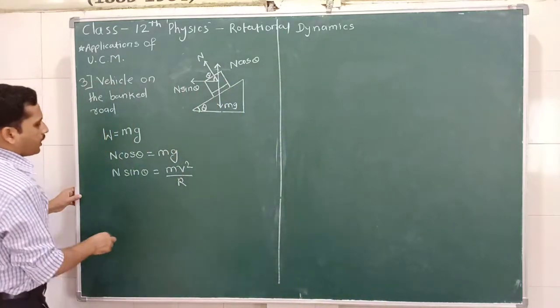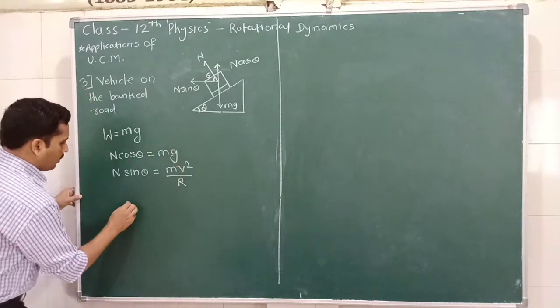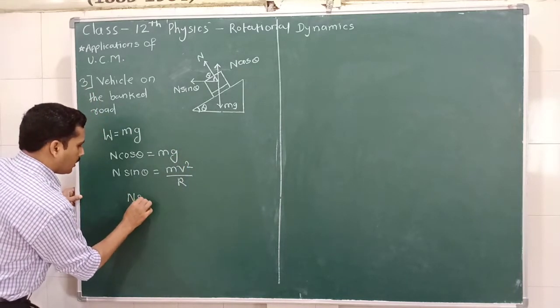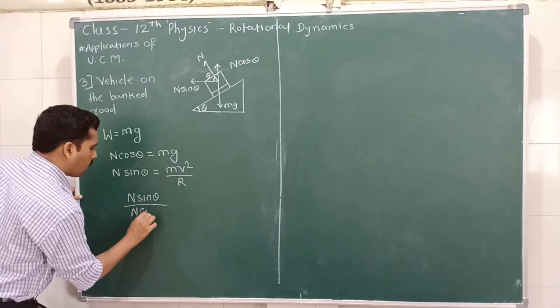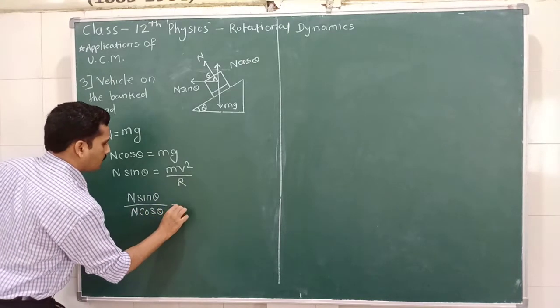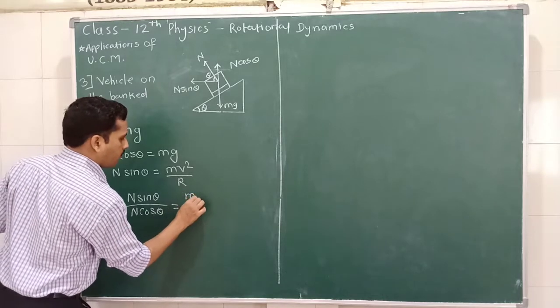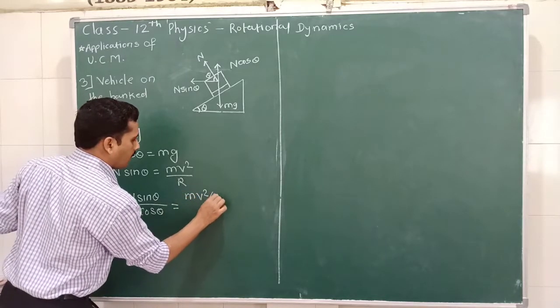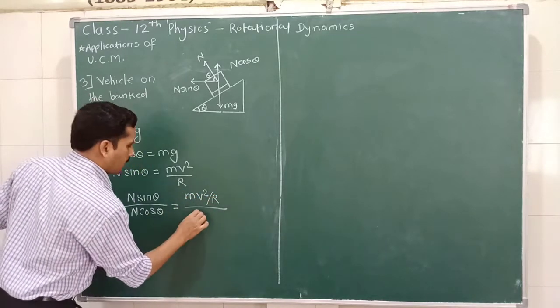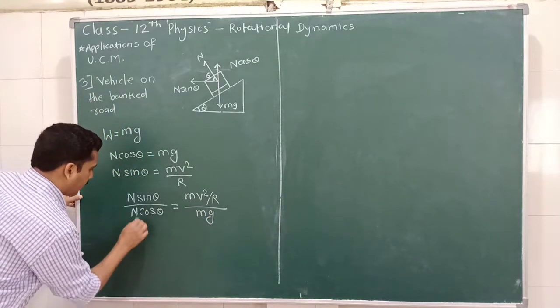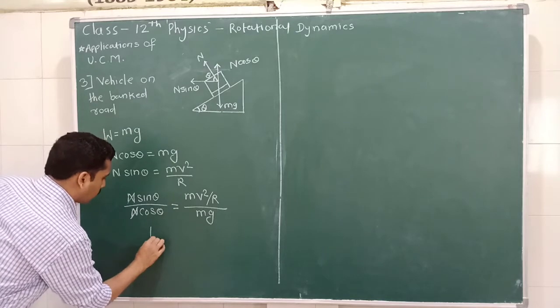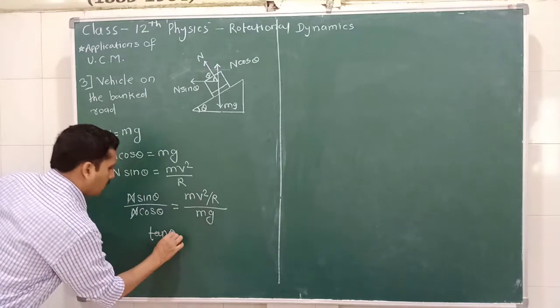Therefore, if we divide equation 2 by 1, we get N sin theta divided by N cos theta is equal to mv square divided by r, divided by mg. Therefore, N gets cancelled, and sin theta upon cos theta is equal to tan theta.